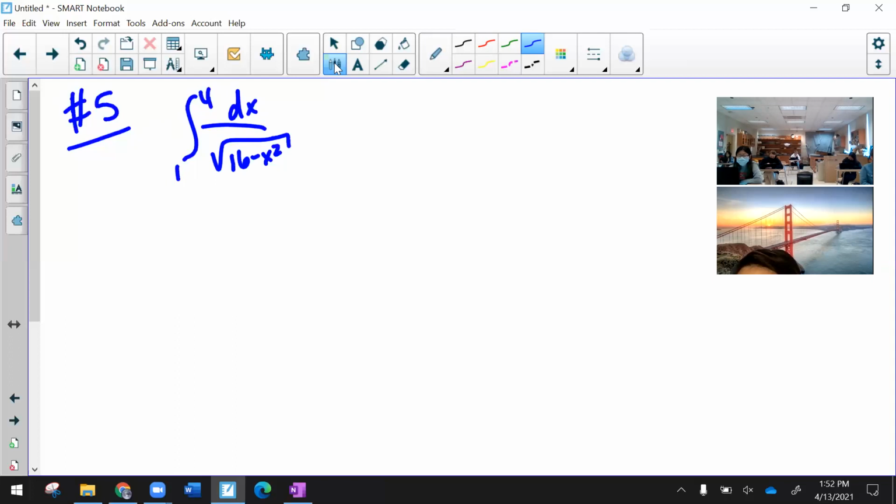Use substitution. Where do we look for use? Under the radical, in the denominator, in parentheses, e to the something, natural log of something. So you might want to think about letting u be equal to 16 minus x squared.